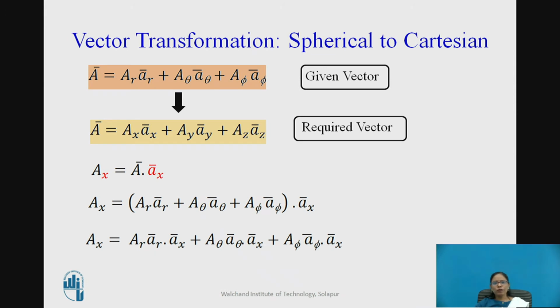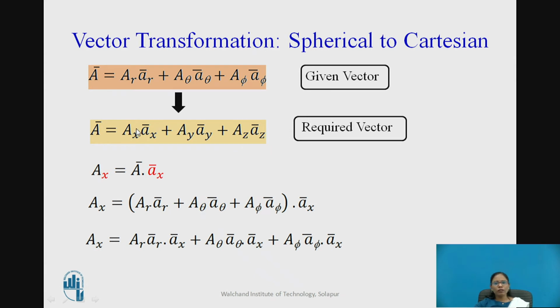Again, the reverse way I can also do: I can transform the vector from spherical to Cartesian. That means given to me a vector in spherical coordinate system, which is A bar is AR ar bar plus A theta a theta bar plus A phi a phi bar, and I want to transform this into Cartesian, which is Ax ax bar plus Ay ay bar plus Az az bar.